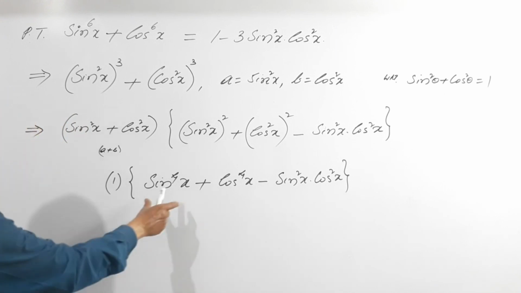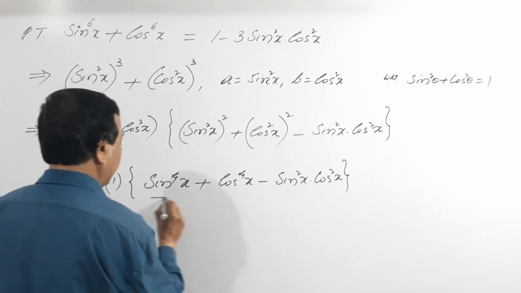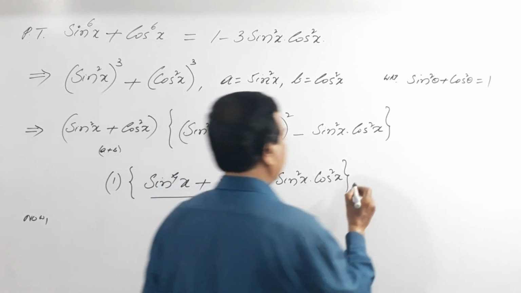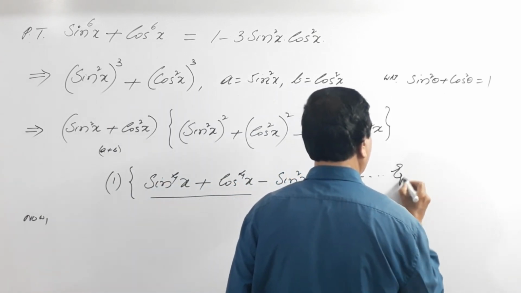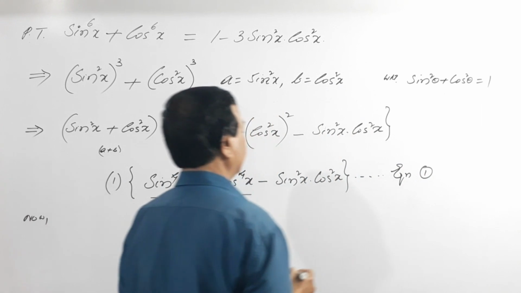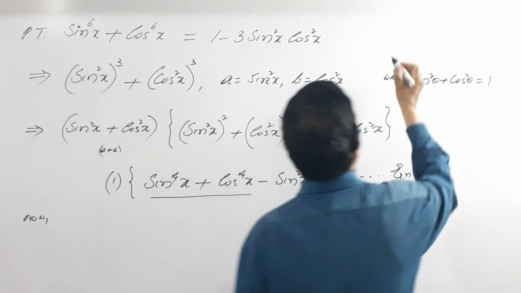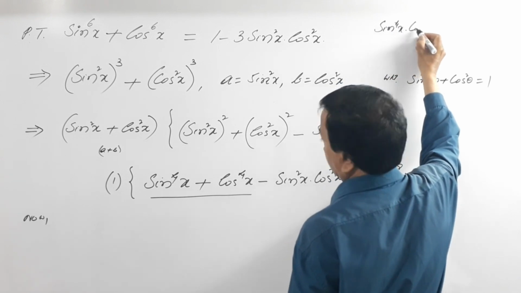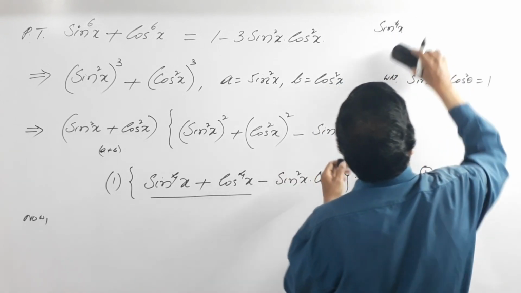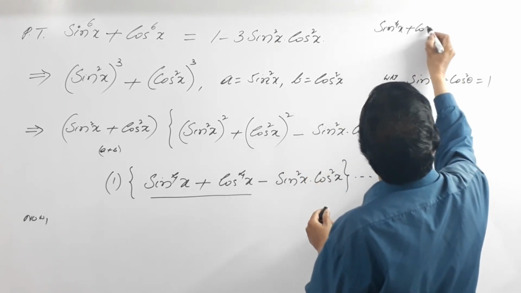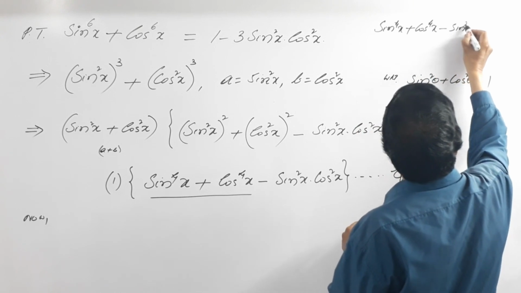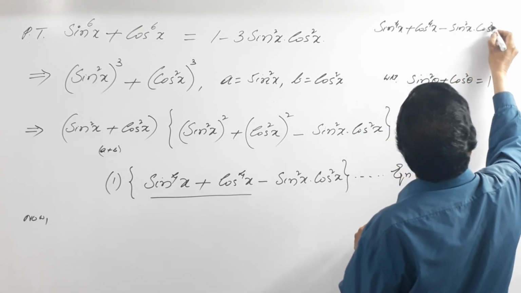तो हम क्या करेंगे? इसको सेपरेट लेंगे. We'll take this separately. Okay, what we'll do now, I call this equation 1. So इधर equation 1 लिख देता हूँ, that is sin to the power of 4x plus cos to the power of 4x minus sin square x into cos square x.